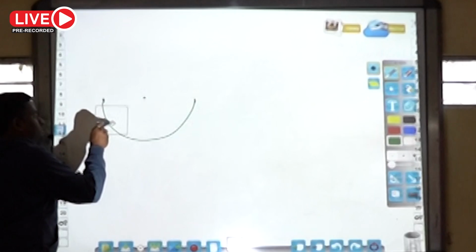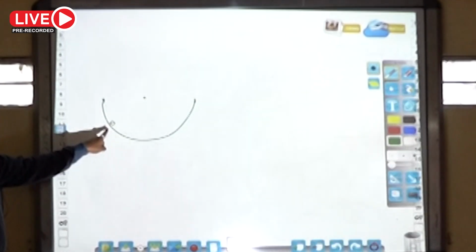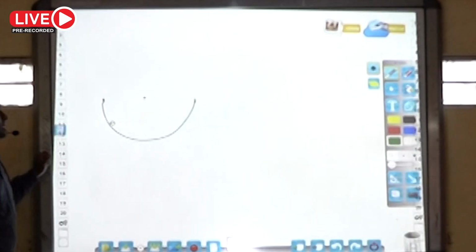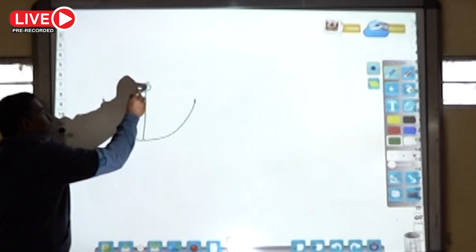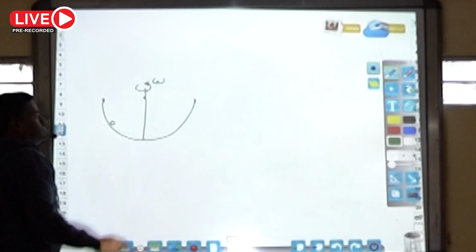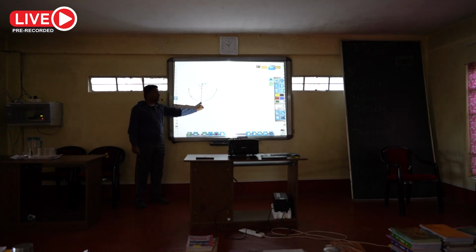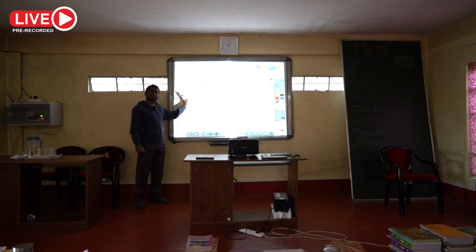The ball is somewhere here, and it is not moving, it is rotating. So this is the axis and it is rotating with angular speed omega, suppose. The ball is not at the bottom, because if it is not rotating, the ball will be here. Since it is rotating, the ball feels a centrifugal force, so it moves up and stays here.